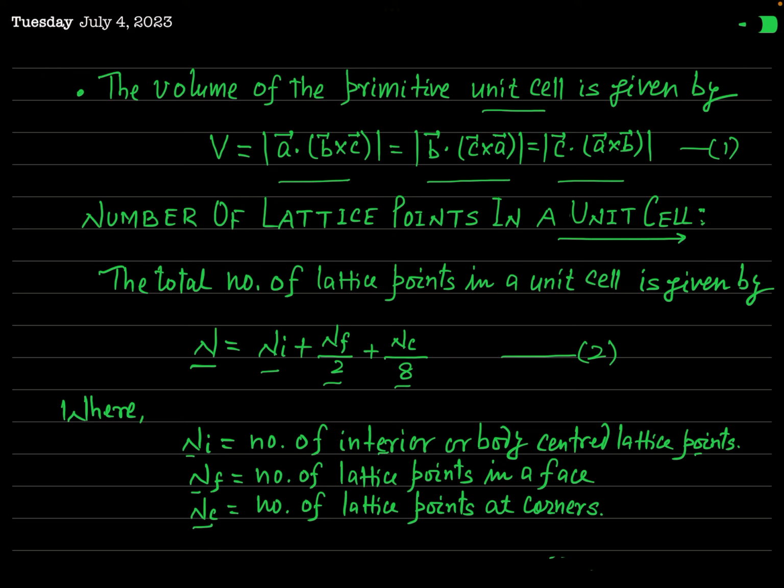And Nc represents the number of lattice points at the corners. These subscripts I, F and C have been used for the words interior, face and corners. Using this formula, you can easily find the number of lattice points in a unit cell.